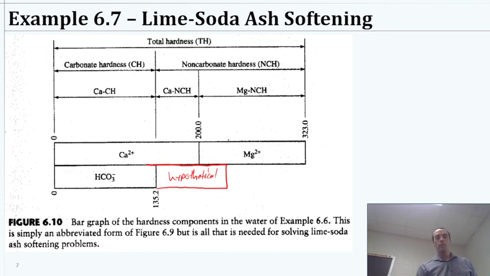Then we have some portion of magnesium. We could have some magnesium carbonate hardness. Of course, if we put this all the way out here, then we'd have to redraw that and nix that, and then we'd have a magnesium carbonate hardness, right? In our hypothetical example there.